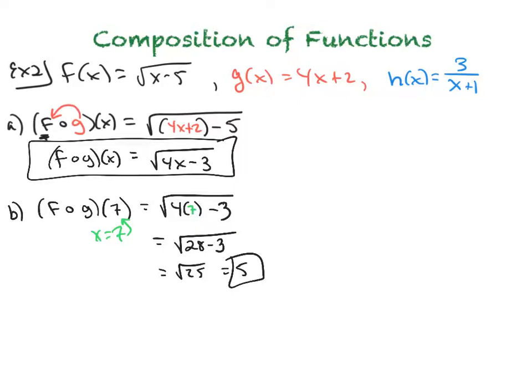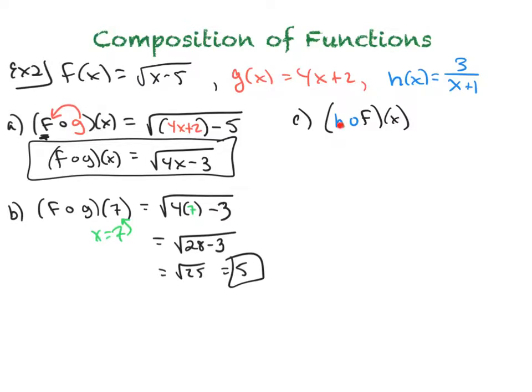Okay, let's try another one. Let's do h composed with f of x. Lots of colors here, so I don't want you to get too distracted by the colors. Okay, remember what I said I did was start with my first function.